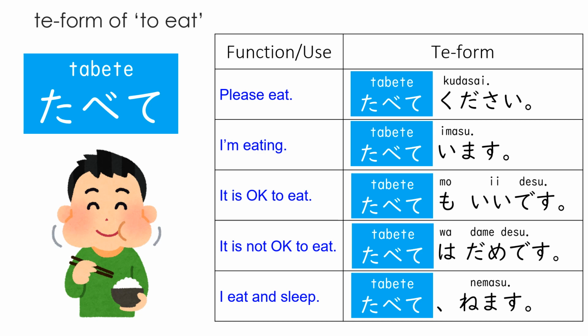Right. 食べてもいいです。Next one. It is not okay to eat. Right. 食べてはダメです。And last one. I eat and sleep. Right. 食べて寝ます。Good job.